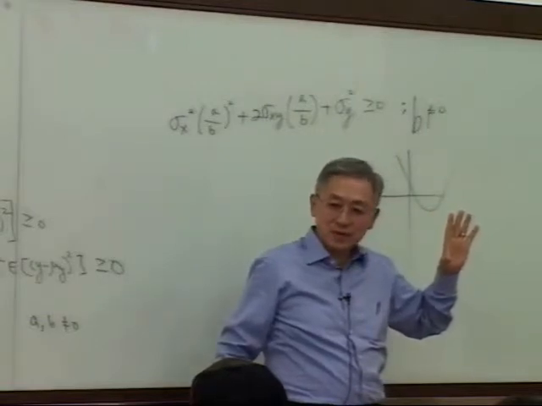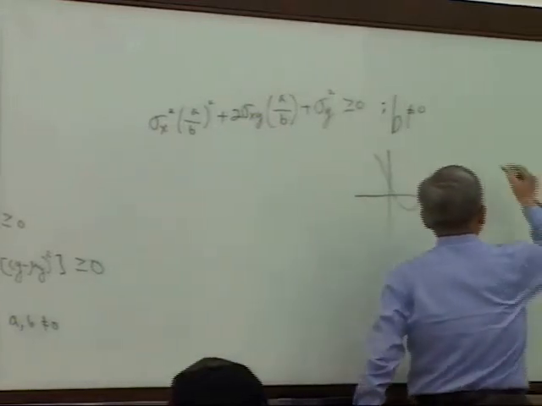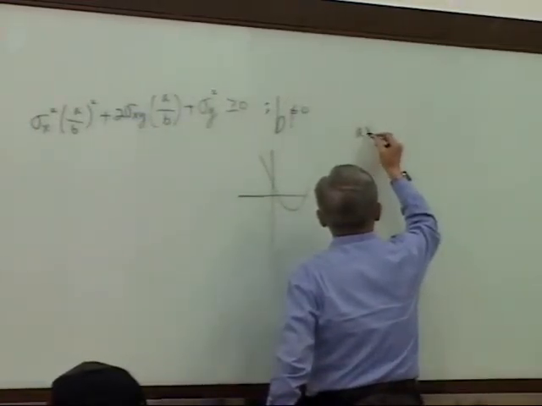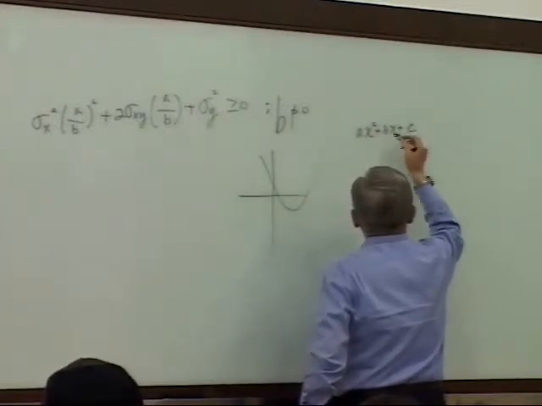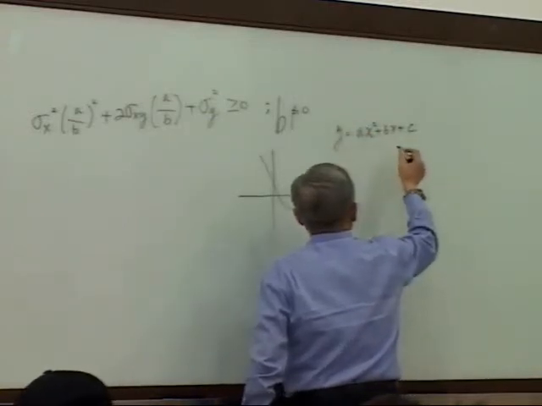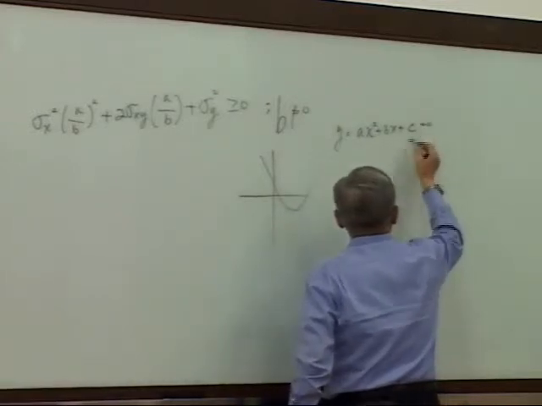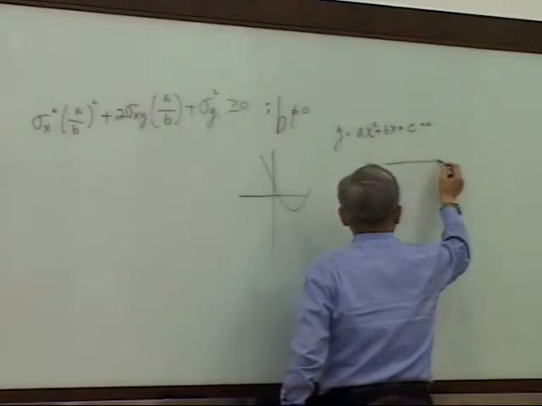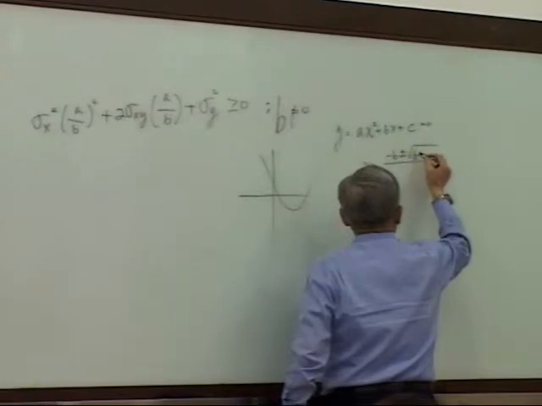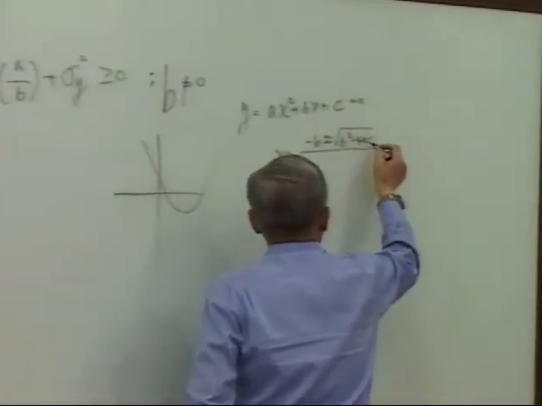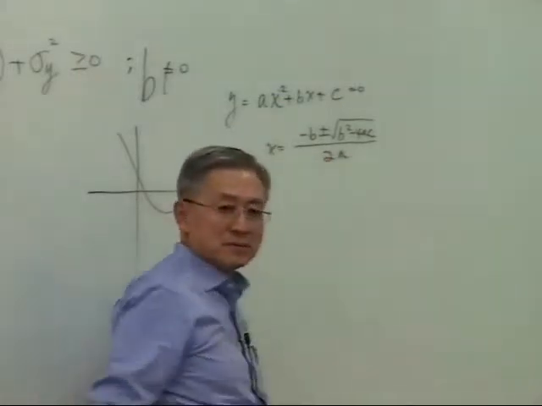Discriminant has to be negative or zero. Why? Because you remember the ax squared plus bx plus c equation set here. What's the root here? x is equal to minus b plus minus the square root of b squared minus 4ac over 2a, right? You remember? Root?